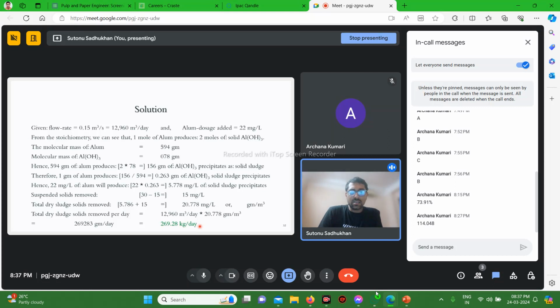So the answer is not matching. If you have followed the correct procedure, then you should have matched. If there is any mistake for calculation purpose, then it's okay. If you have followed the correct procedure, then it's okay.